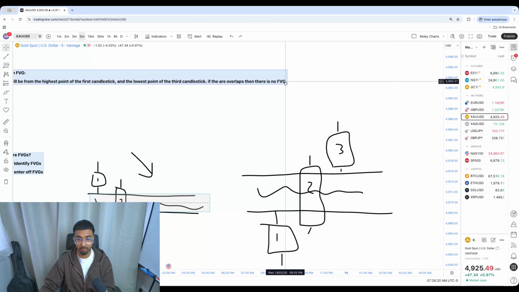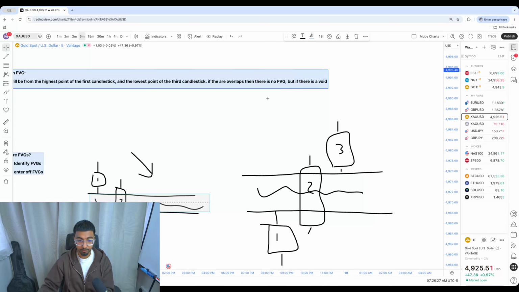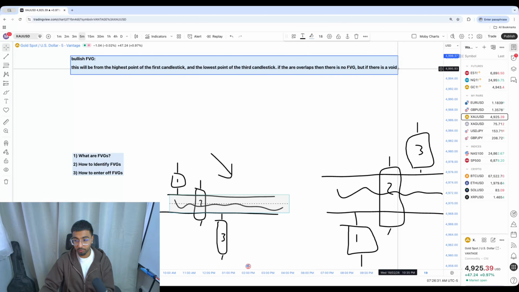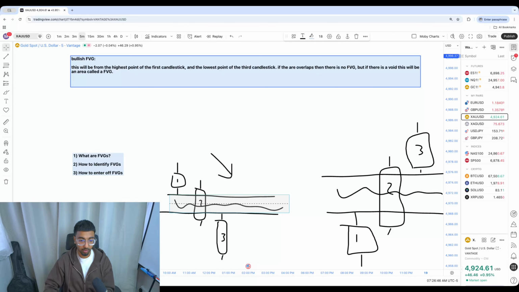There was no fair value gap. But if there is a void, this will be an area called an FVG.